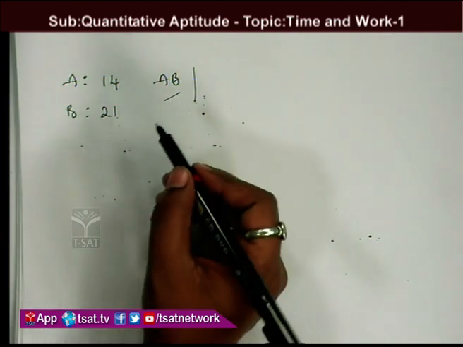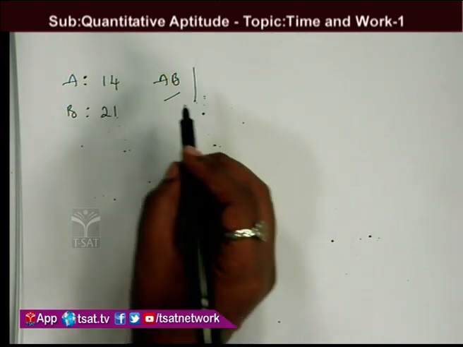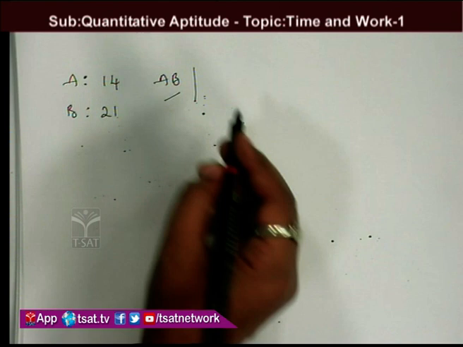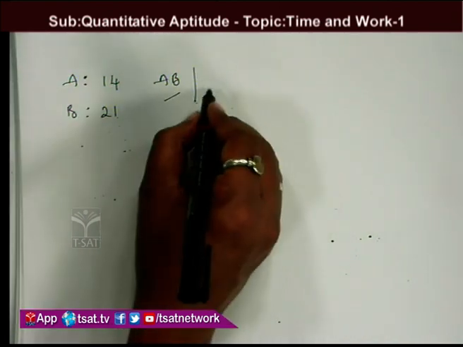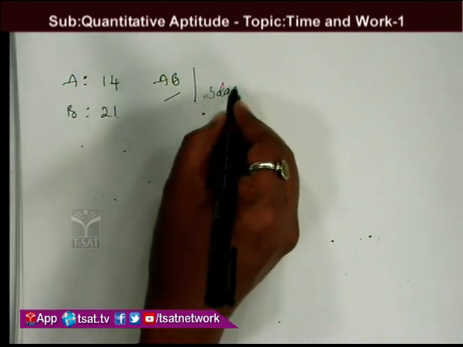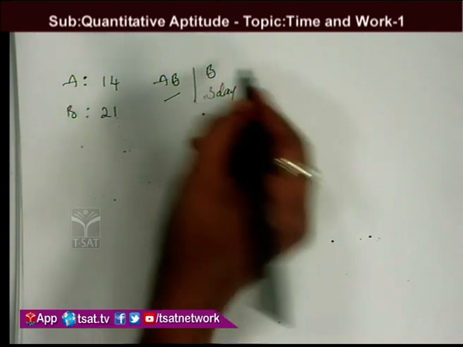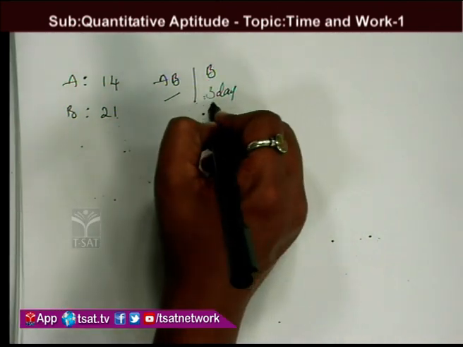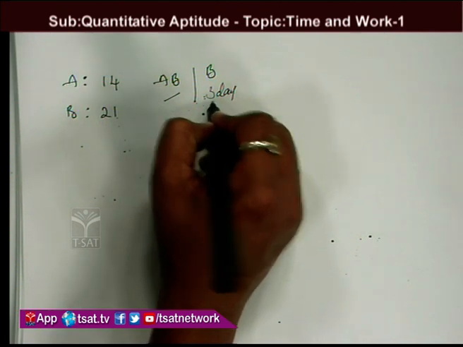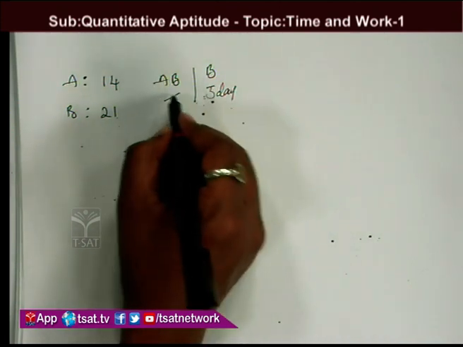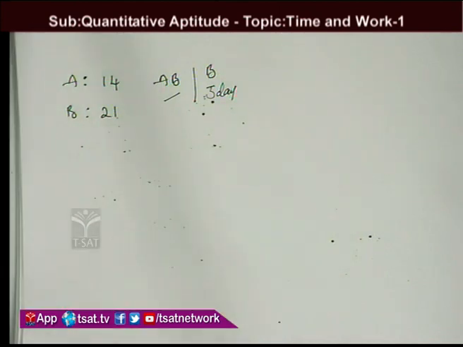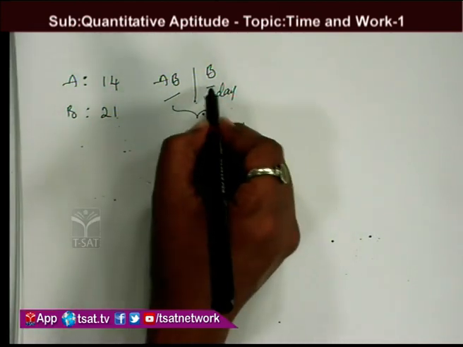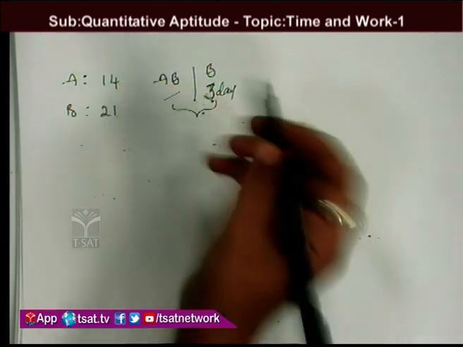So, 3 days before the completion of the work, A leaves off. When A leaves off, who is working? B is working. So, B alone does the work for 3 days. AB together for how many days, we do not know. So, you have to find out the AB days.